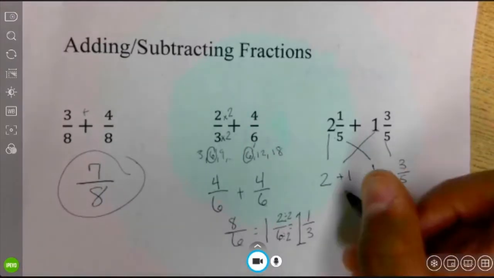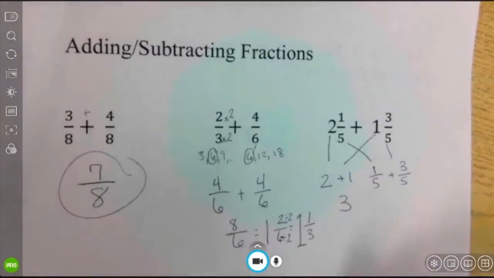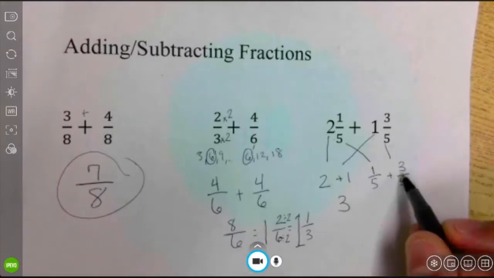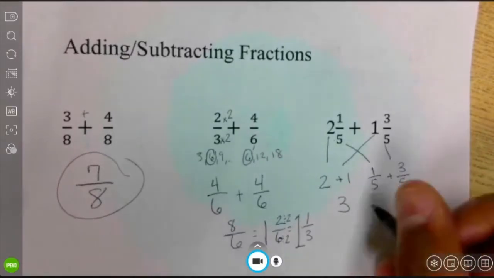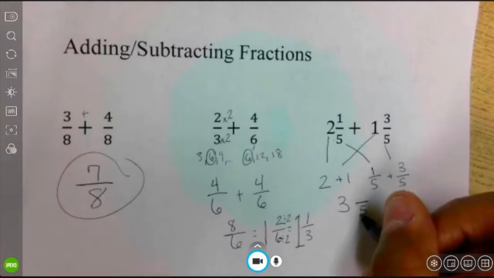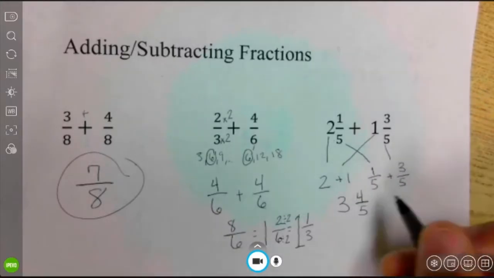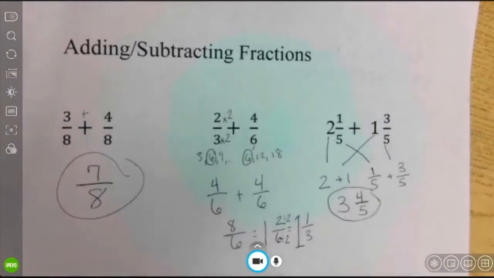All right, so we all know that 2 plus 1 equals 3. And we have this 1/5 plus 3/5. Common denominator, we know it's over 5. 1 plus 3 is 4. And that will be my answer, 3 4/5.